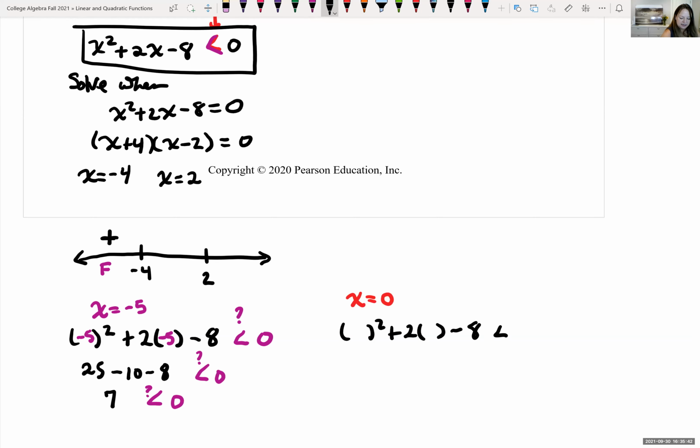Or you can look to see, are we going to get back a true or false statement? So notice this, when we plug in 0, we get -8. And so that's a negative number. But if I'm looking at it, is it less than 0? To me, that's a true statement.